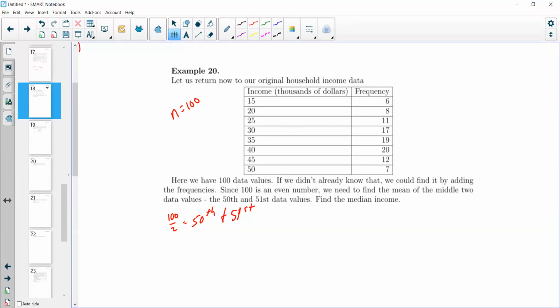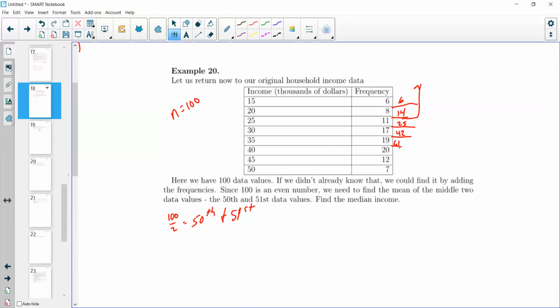Now, here's where this can get tricky. So the first 6 data points are at 15,000. So right now I have 6 data points. The next 8 are at 20,000. So now my first 14 are from here down. Then my first 25. Then my first 42.